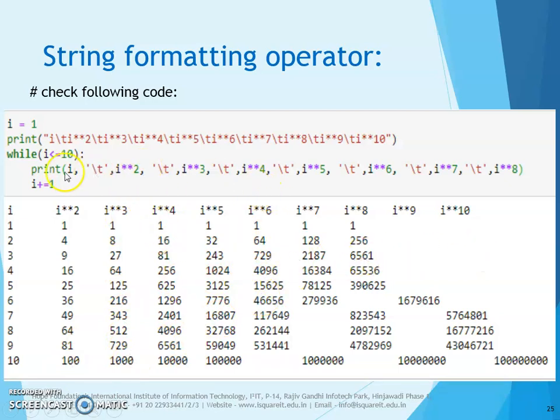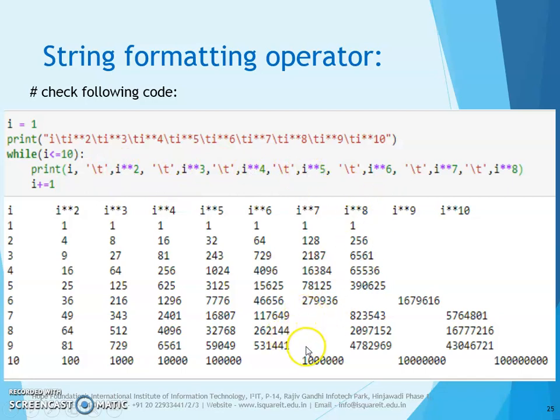So here we have written i equal to 1, and after tab spaces we have written this row, that is i to the power 2, then 3, then 4 and so on. In the code, in a while loop, we write a print statement, displaying it for the numbers 1 to 10. We want to display i raised to 2, i raised to 3, i raised to 4, 5.